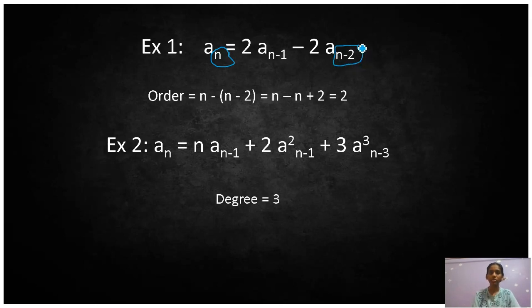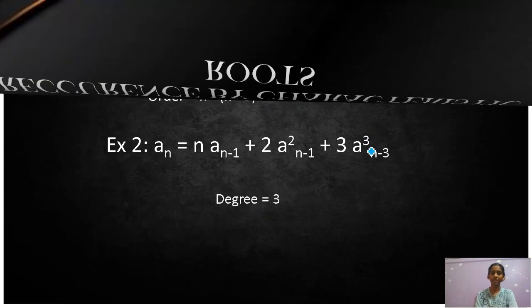By taking the difference of these two, n minus (n minus 2), n is cancelled and the final answer is 2, which is the order of the given example. How can we find degree? In the second example, the highest superscript is 3, so the degree will be 3. As the highest superscript of the given example is 3, the degree is 3.